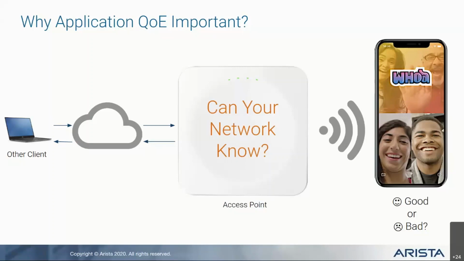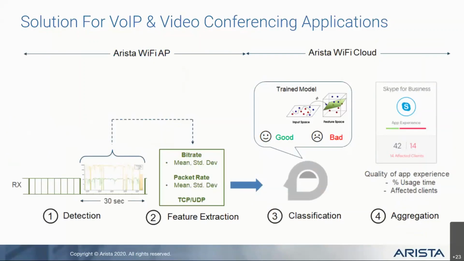We at Arista have been working on this problem for the past couple of years. One of our earlier solutions had a self-learning network, which estimated the call quality of video and voice conferencing applications such as Skype. Here is a brief summary of the method we used. In the first phase, we just detect the call on the access point, and for every 30 seconds, we try to measure parameters such as bitrate mean, bitrate standard deviation, packet rate mean, and packet rate standard deviation.